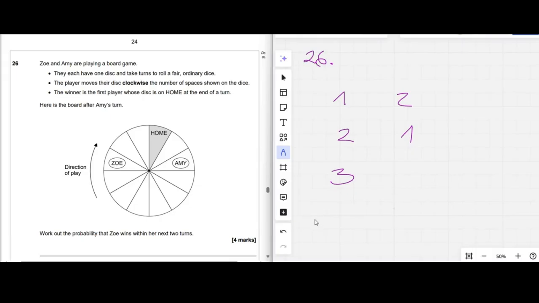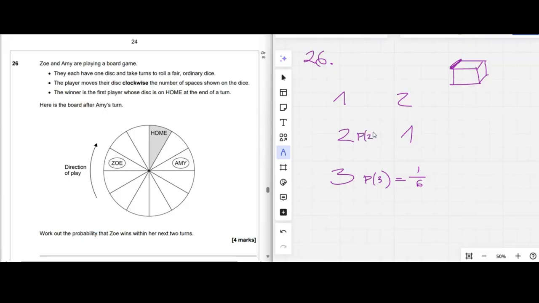Okay, so we need here a probability of 3. It's just 1/6 because 3 appears only once. So this is 1/6, one side out of 6 possible.